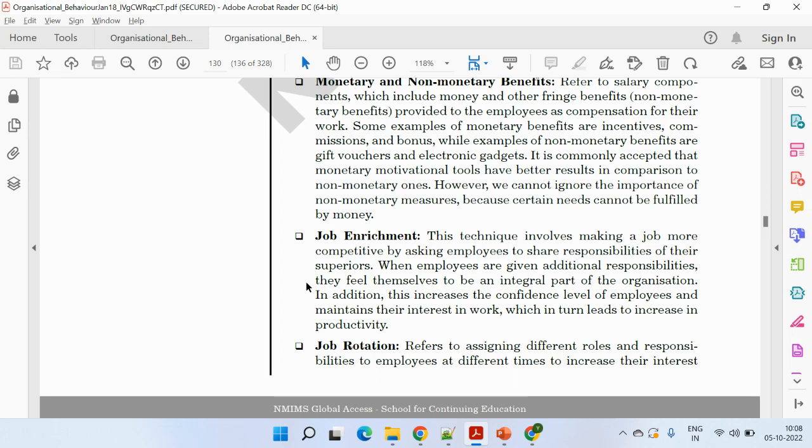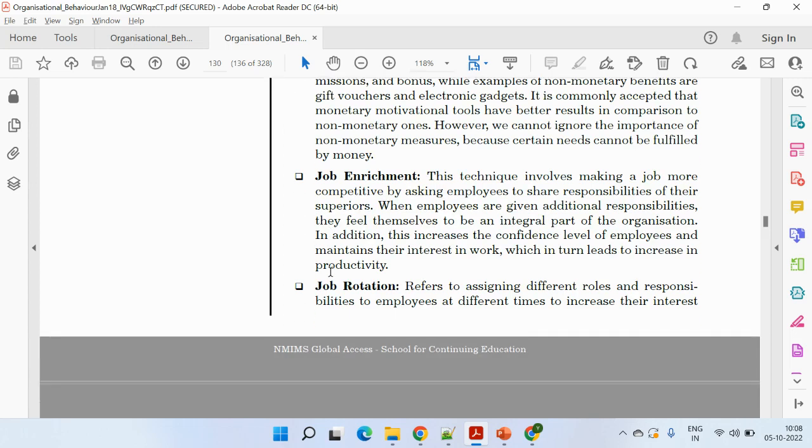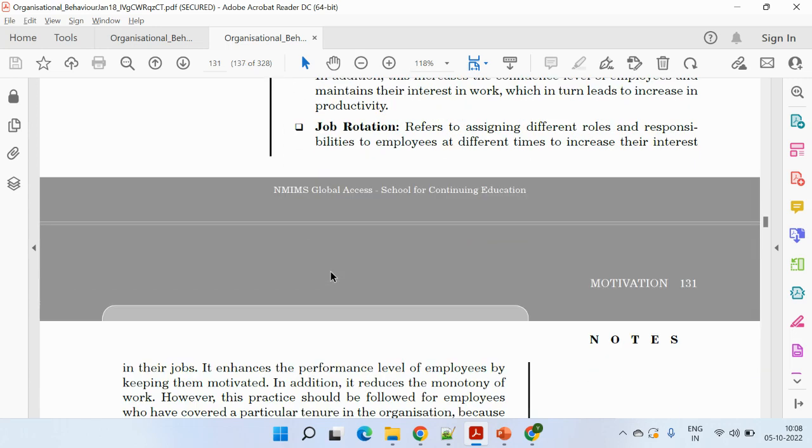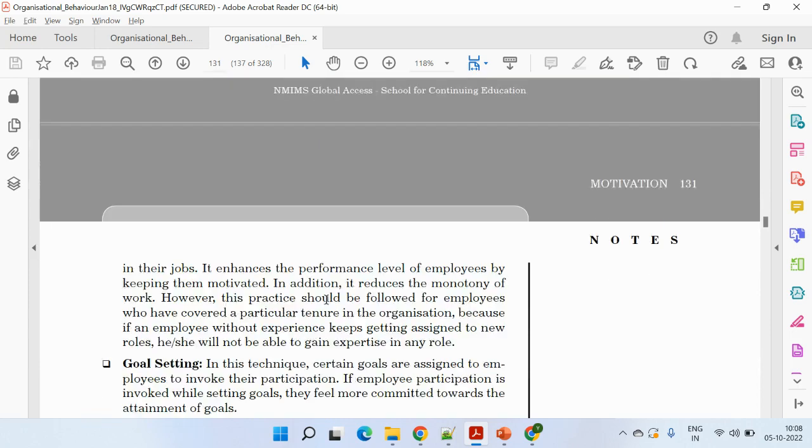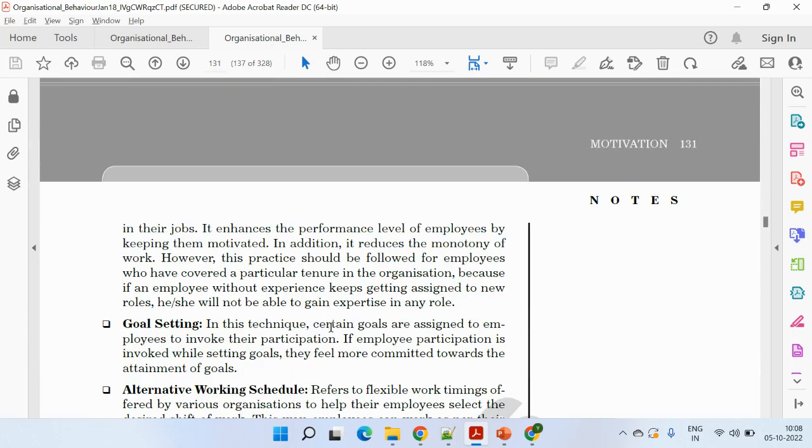Everything was going well, but she wanted to take up the additional responsibility of training the ground workers. Next is job rotation. It refers to assigning different roles and responsibilities, quite similar to the previous one, where we are rotating the roles. In this case, she was mentoring other people, and she wanted to enhance the performance level by keeping them well motivated.